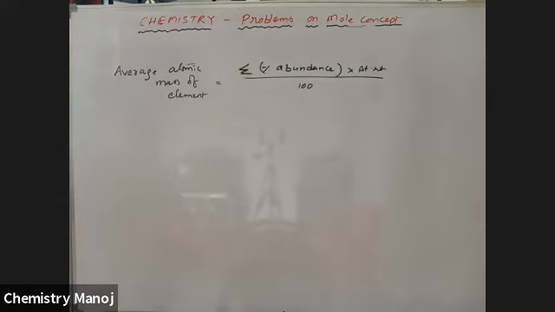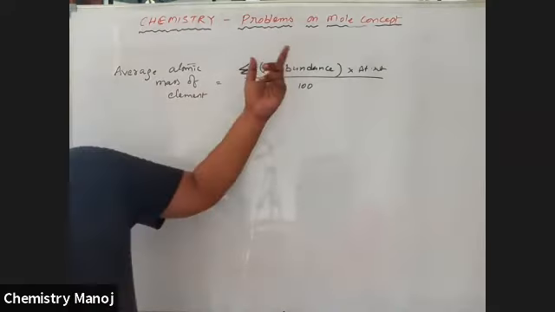Percentage abundance into atomic weight, by 100. It is a sigma value.